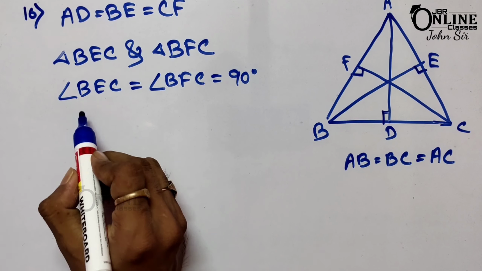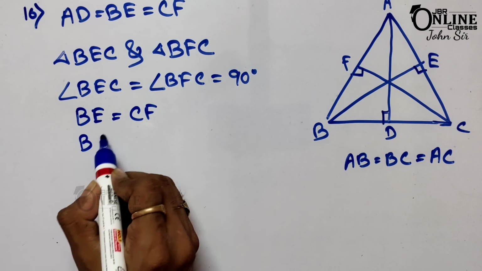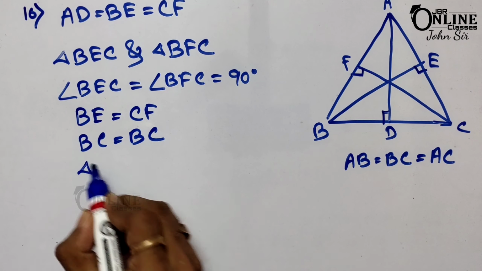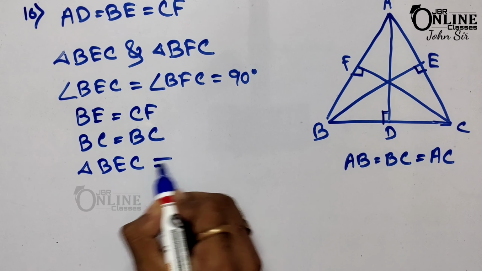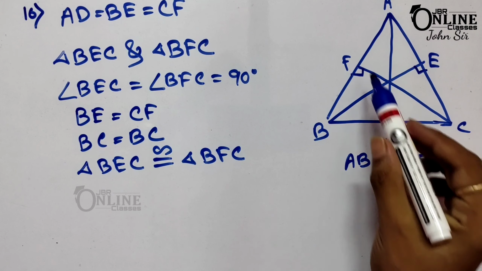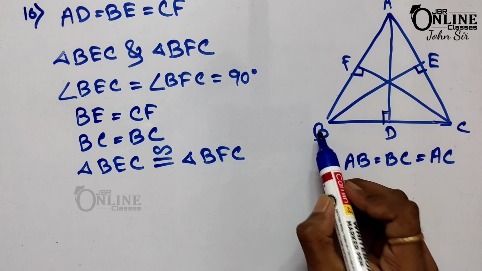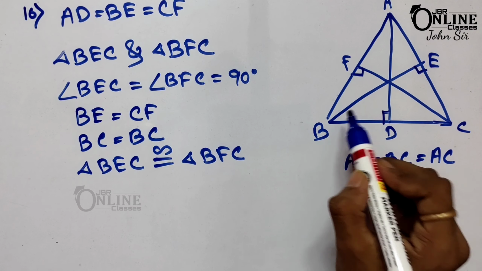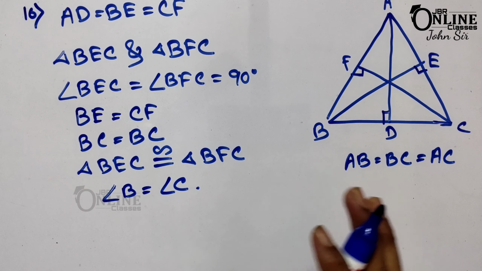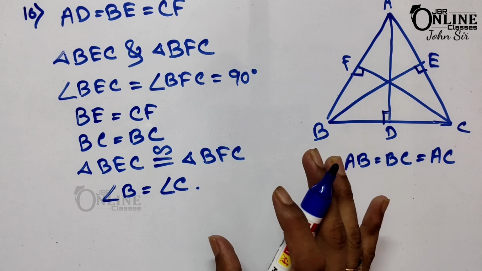Now the second thing is BE equals CF, it's given, and the third one BC equals BC, because BC is the common side. So you can say that triangle BEC is congruent to triangle BFC. So that means angle B equals angle C by CPCT.